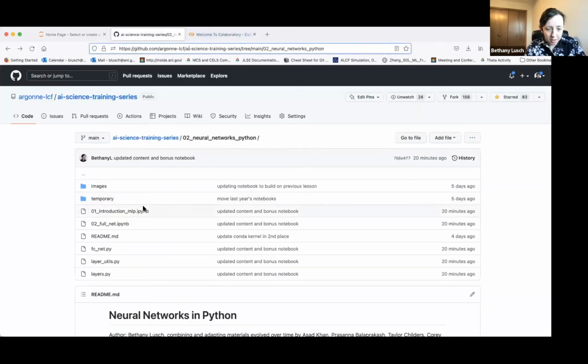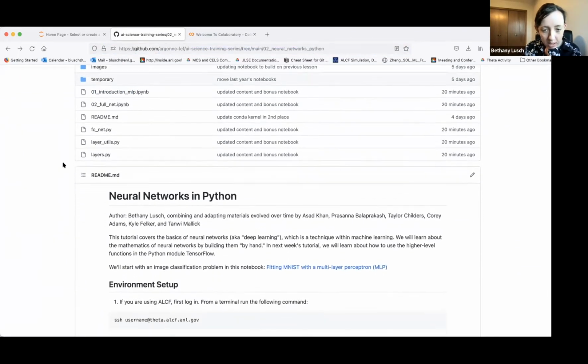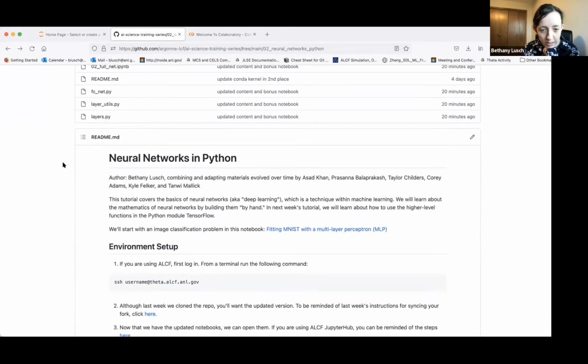We're going to start with this first notebook, but have a little bit of introductory material. Last week, Taylor introduced you to machine learning, and this week we're going to talk about neural networks, which is a technique within machine learning. You'll hear people refer to this back and forth with deep learning. Roughly, deep learning refers to when you have a neural network with enough layers, but we'll use these terms interchangeably.